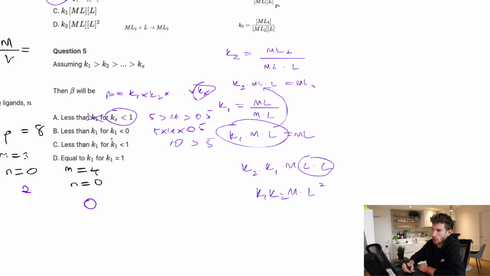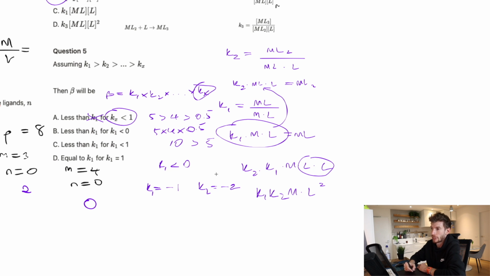Is it less than K1 for K1 is less than 0? So K1 less than 0 would mean that it's negative. If you've got negative numbers in there, say K1 is like -1, and that's greater than K2, then K2 has to be negative as well. Now when you multiply negative numbers, it flips between positive and negative.